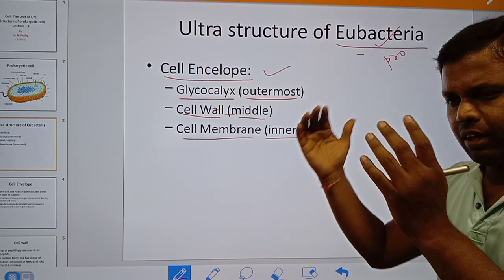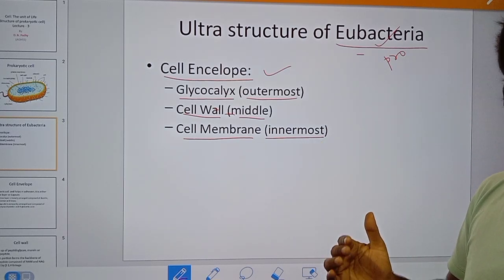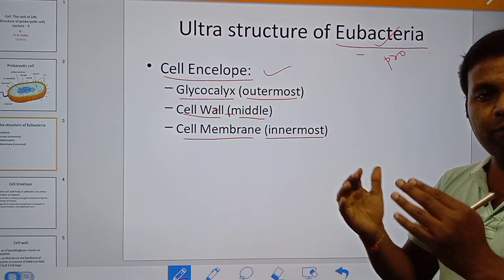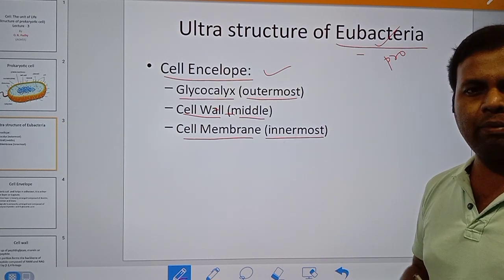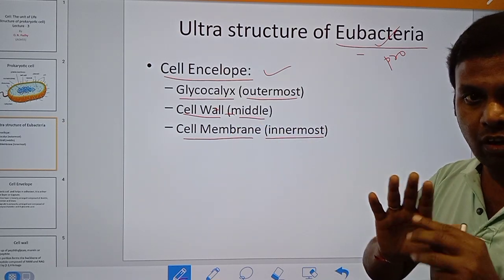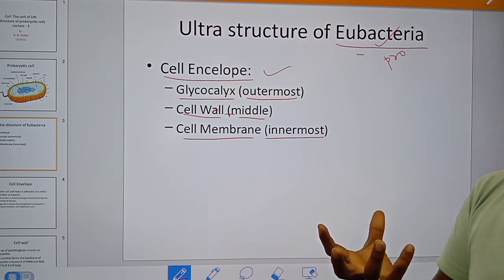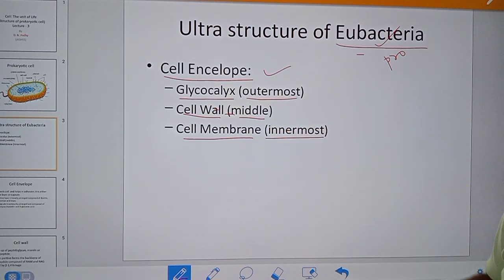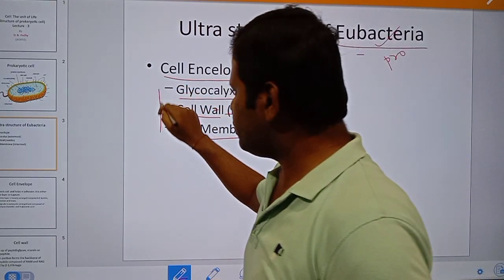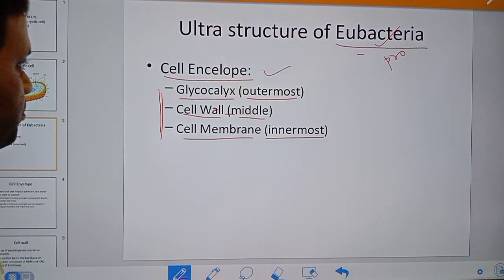So the glycocalyx-like structure is all outside. Below this glycocalyx you will find the middle cell wall, and inner to the cell wall you will find the cell membrane. Inner to the cell membrane you will not find any envelope. That is not called an envelope. That is the jelly-like matrix, or cytoplasm, present below the cell membrane. So these are the three structures which together are known as the cell envelope.